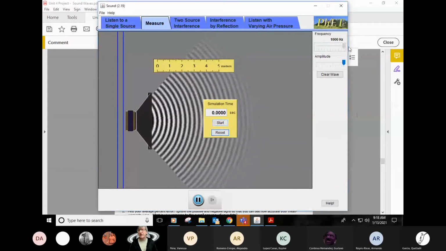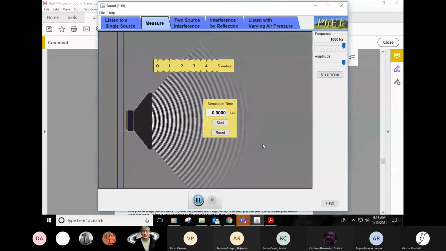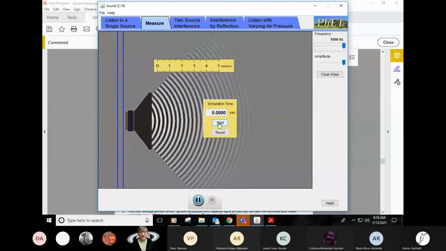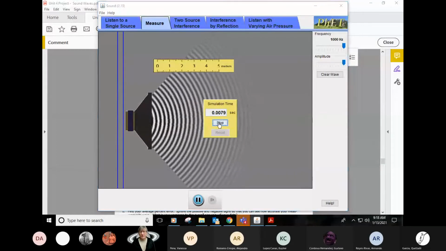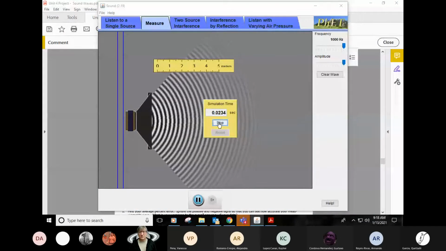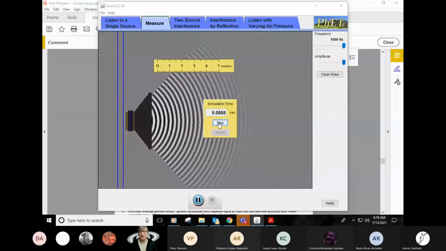All right, our last one, 1,000 hertz, 1,000 vibrations per second. Here we go. Ready to count in 3, 2, 1, go. Halfway.